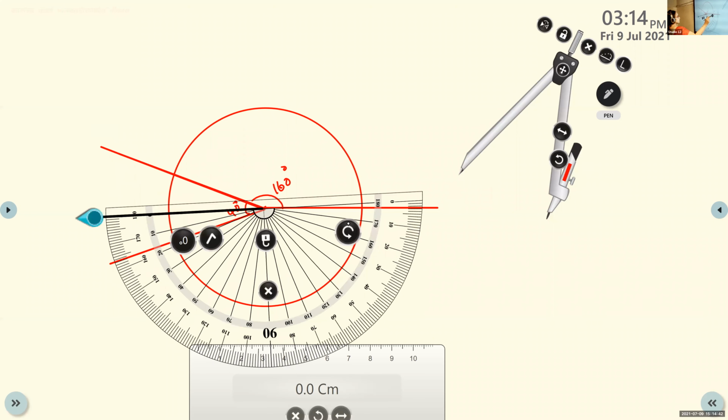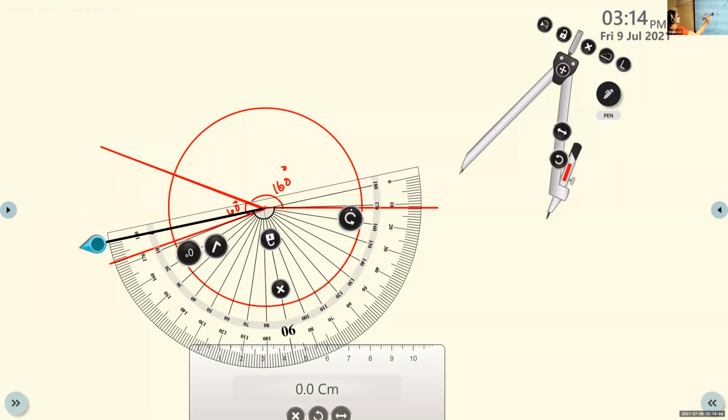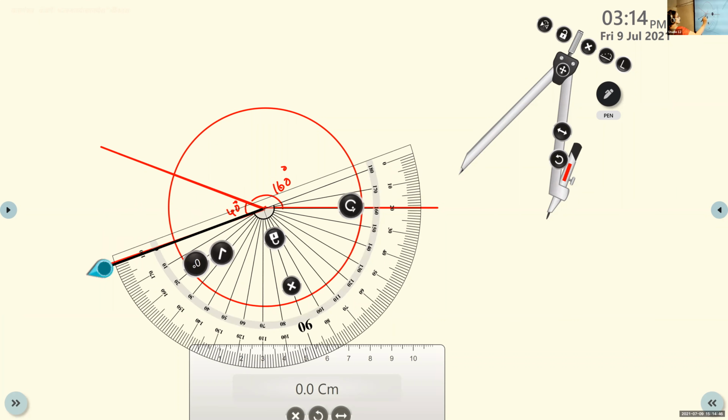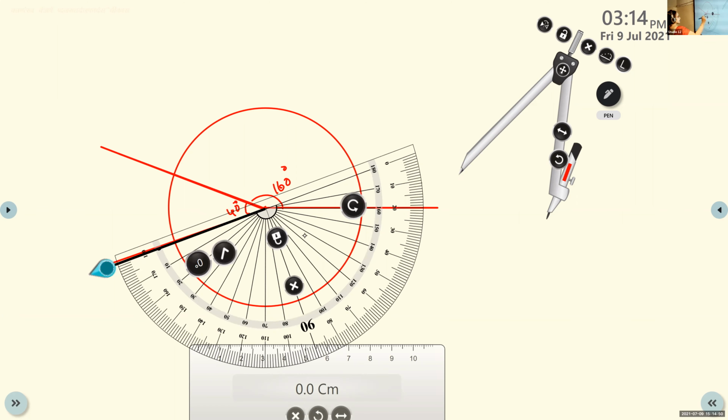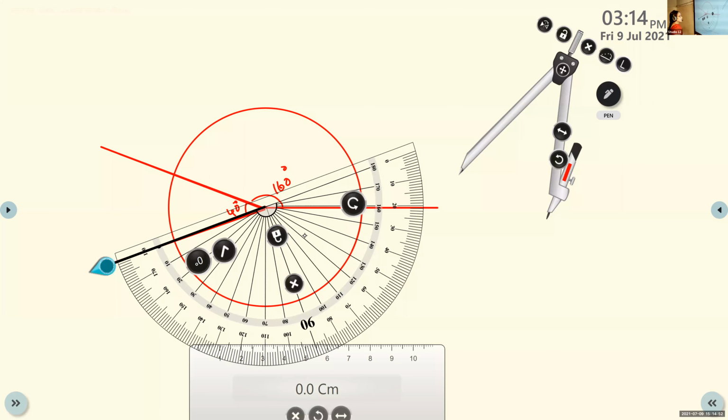Fix the center of the protractor to coincide with the center of the circle, and the new radius to coincide with the line of the protractor.